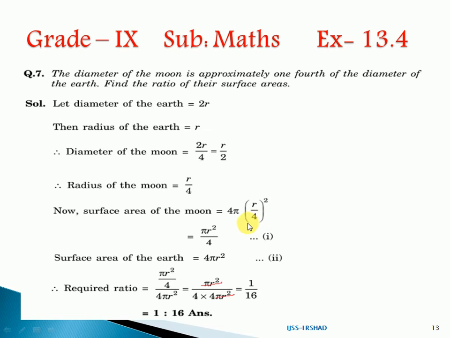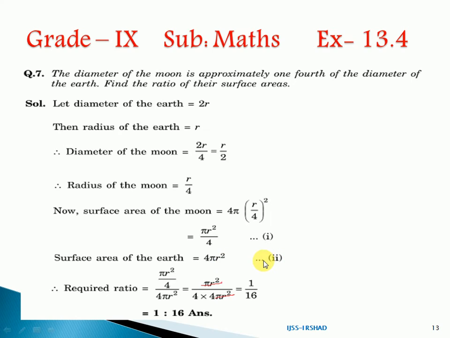Then you can reduce this 16. This 4 will cut by 16. Denominator will be left as 4, and here will be left pi r square. So this is one, you got the surface area of moon. Now the surface area of earth, we all know 4 pi r square, because the radius of earth is r only.